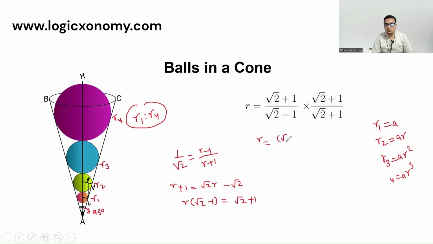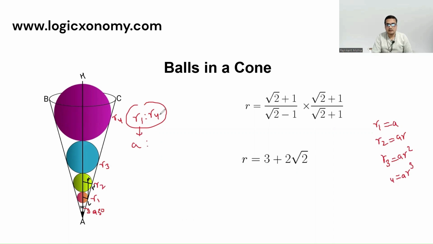R is equal to root 2 plus 1 square by A plus B and A minus B, A square minus B square, root 2 square minus 1 square. A plus B whole square is equal to A square plus B square plus 2AB. Root 2 plus 1 square is equal to 3 plus 2 root 2, by root 2 square is equal to 2 and 1 square is equal to 1. The final result is R is equal to 3 plus 2 root 2.